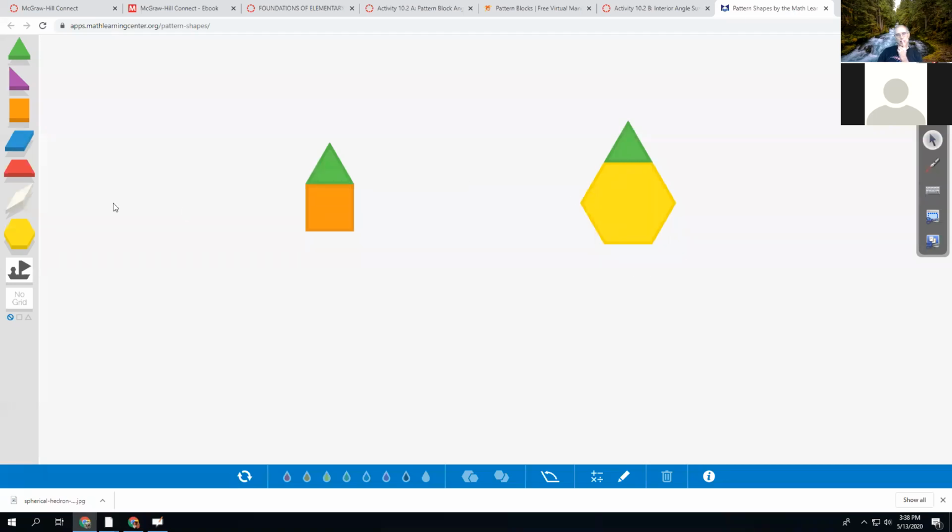Okay, so that right there, let's see, 7 sides. Well, how could I make 7 sides? This is a pentagon. And if I put another triangle on there, rotate, I think that's going to give me a hexagon. 1, 2, 3, 4, 5, 6.